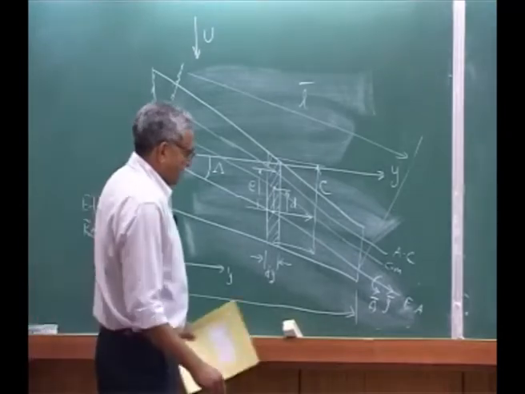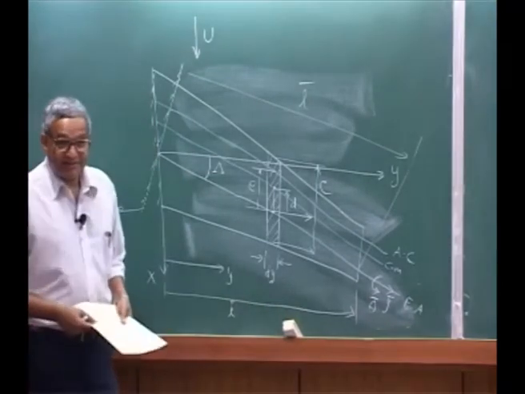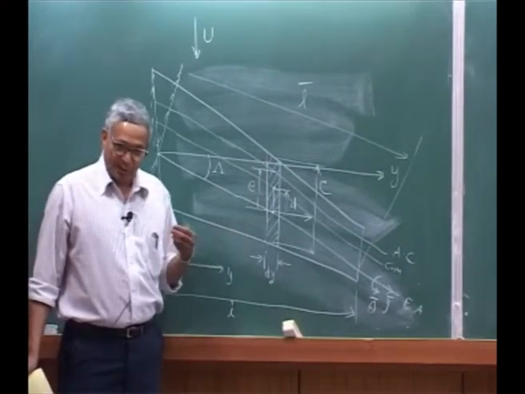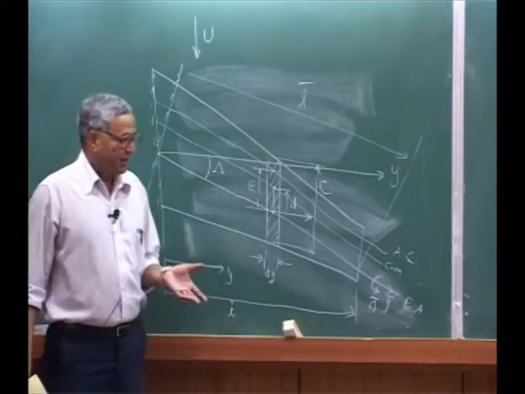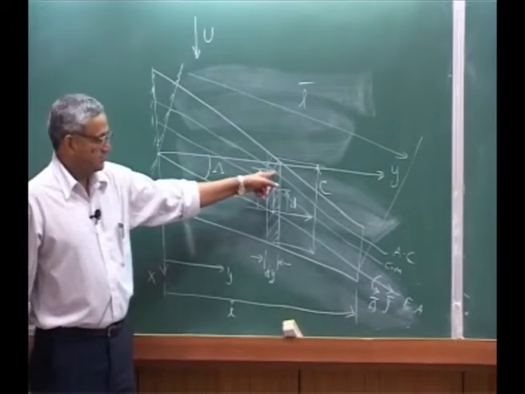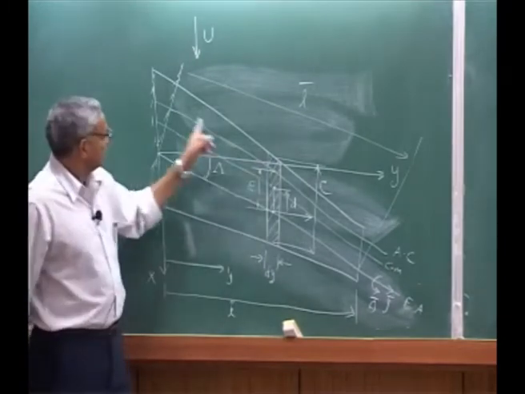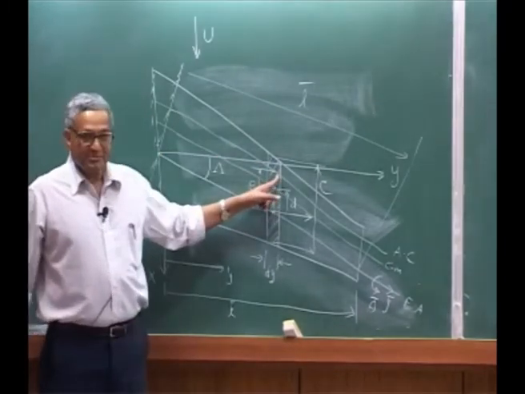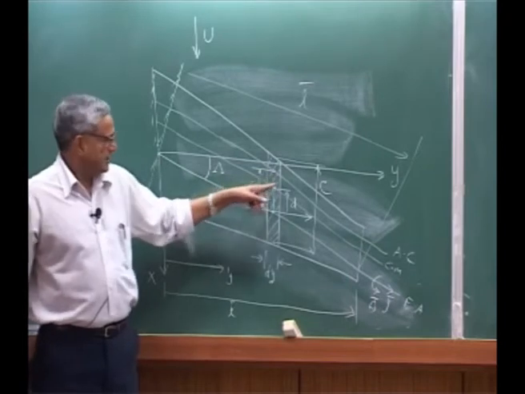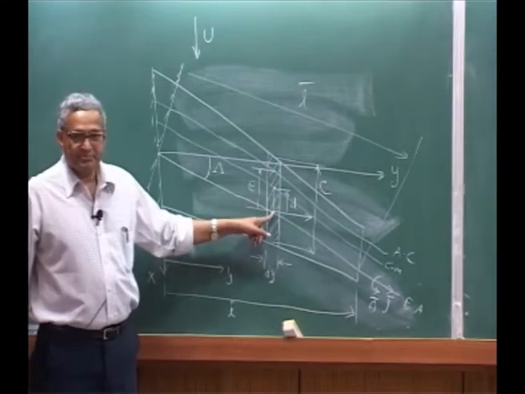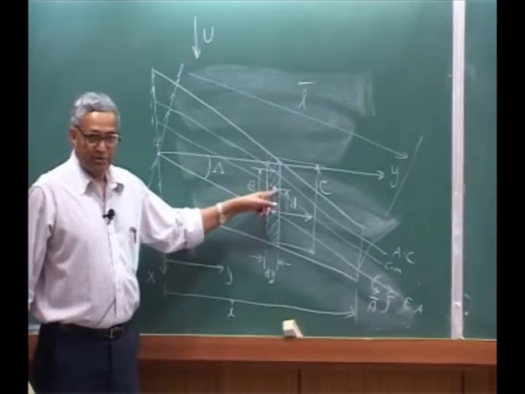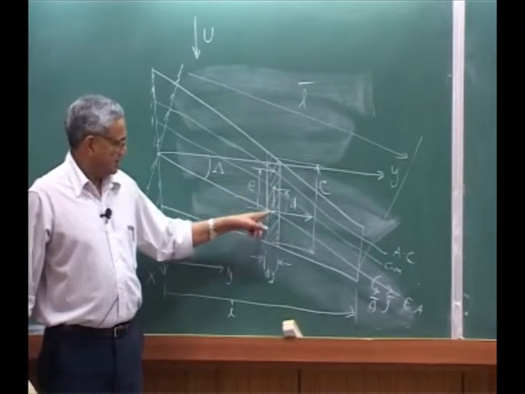Okay. Now what we need to get is the distributed aerodynamic load. For each section, this is my aerodynamic center, so I am going to get my aerodynamic load, transfer it to the elastic axis, and this is of course the gravity load which acts at the mass center, transfer it here.